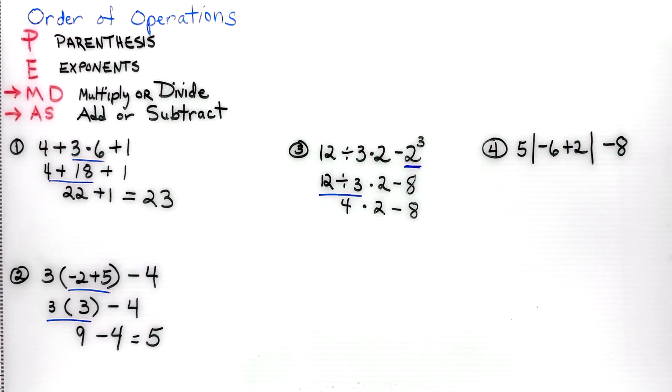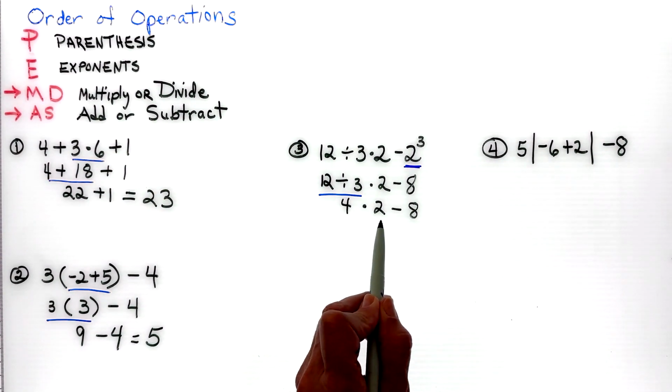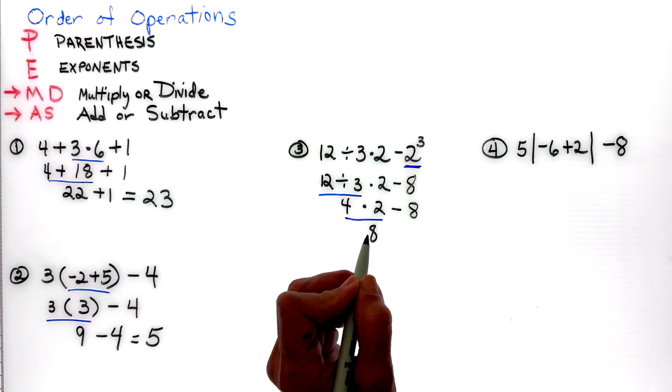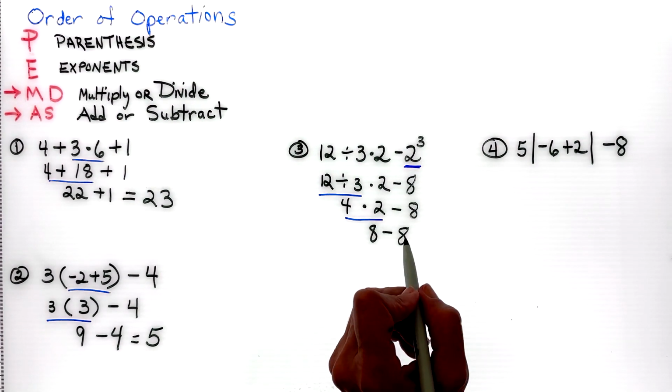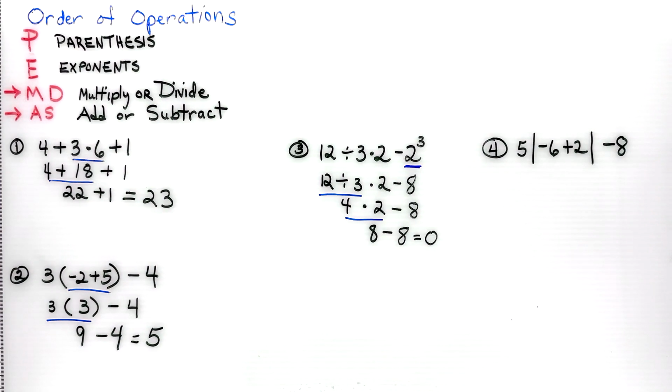We're getting there. And so you will see now that I have multiplication and subtraction. So we know multiplication does come before subtraction. So 4 times 2 is 8, and 8 minus 8 is our final step. And the answer to this actually is 0.